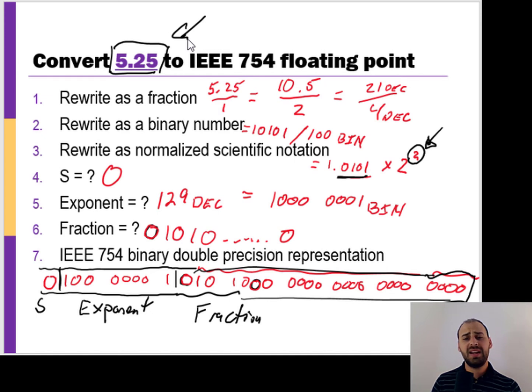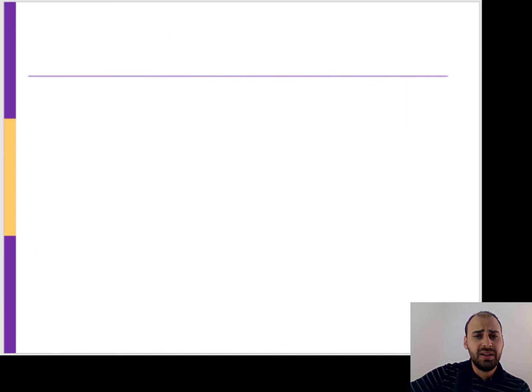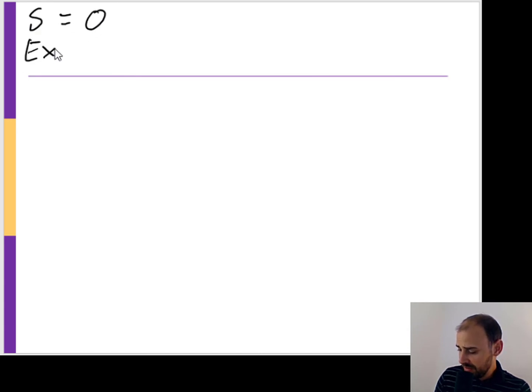Okay. So let's give ourselves some more room to work here. We know that the sign is 0. We know that the exponent is 129.